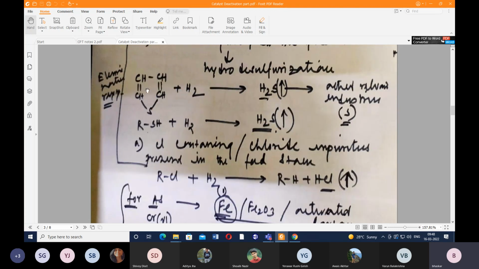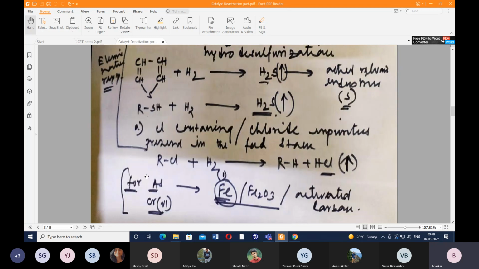So when we are handling sulfur and chlorine containing impurities, we'll go for hydrodesulfurization and hydrodechlorination methods. Remember this. However, when we have got arsenic, chromium containing impurities present in the feedstock, then we don't go for this. Then we go for a separate method called adsorption.